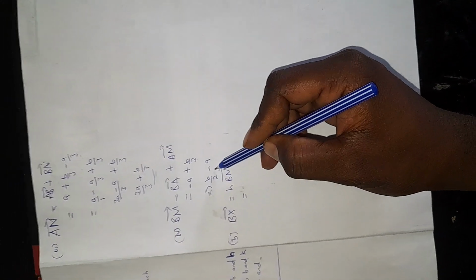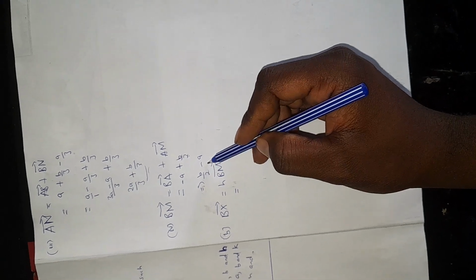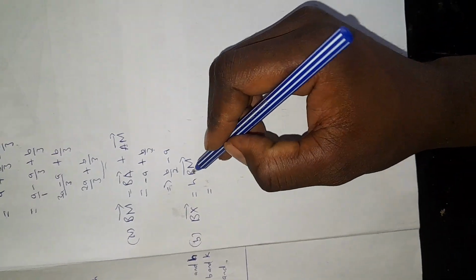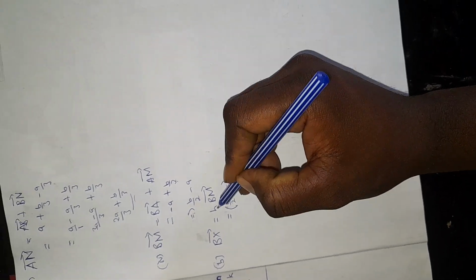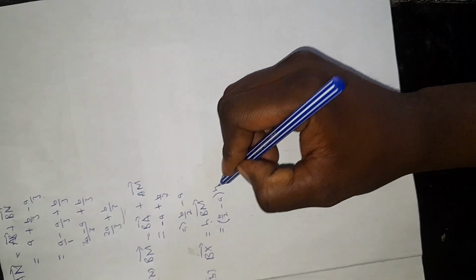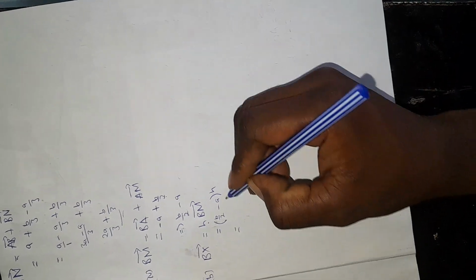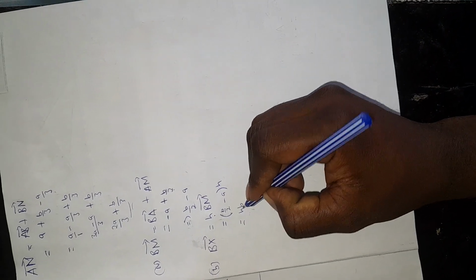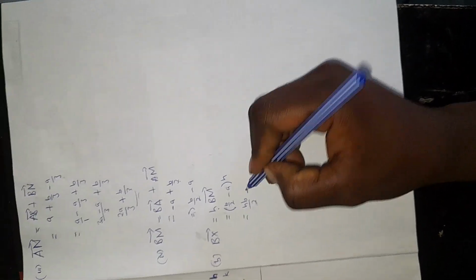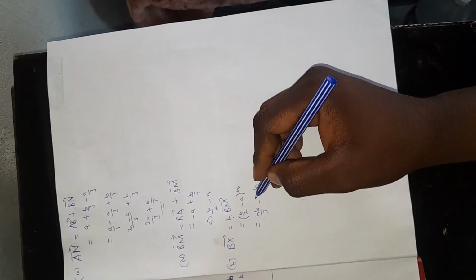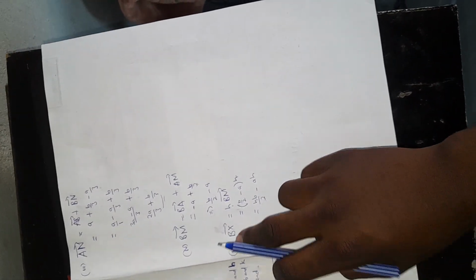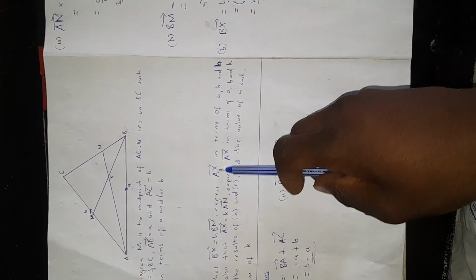BM we have already calculated, so just put back that BM. So it's B over 2 minus A, then I'll write my H. Then I'll break the bracket, which will equal HB over 2 minus AH. Now I've expressed my BX. So I have to express my AX here.